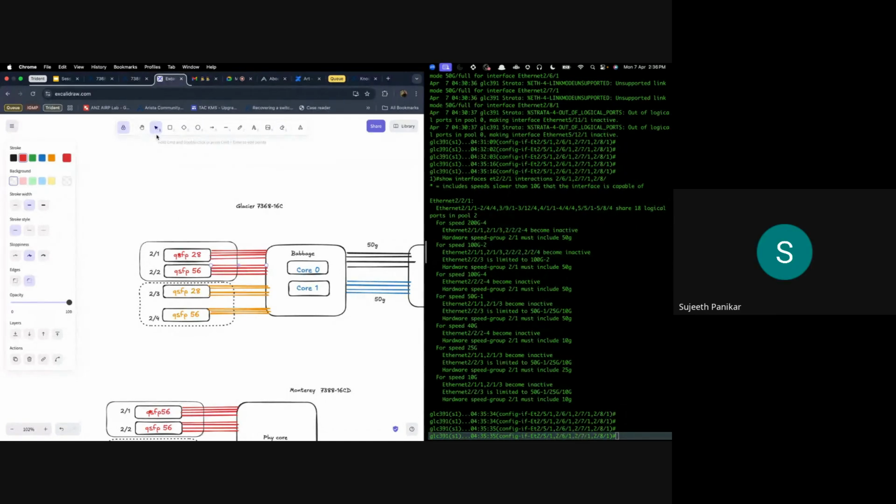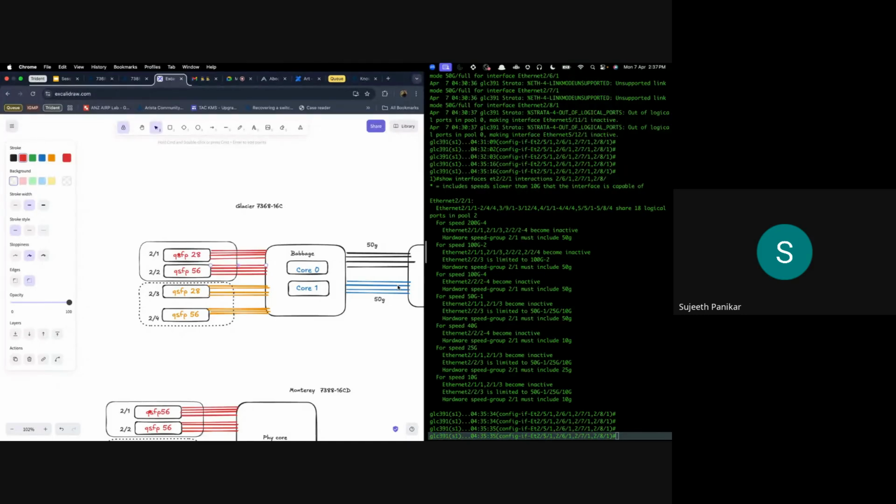Just to add to what Ashwini is saying here, if 2/2/1 is configured as 200 gig, we need 4 50 gig lanes to be able to achieve 200 gig. When Ashwini says that 2/2/2, 3 and 4 become inactive, they are still up, they are still carrying traffic, but they're inactive from a logical port sense, where they can't become logical ports.